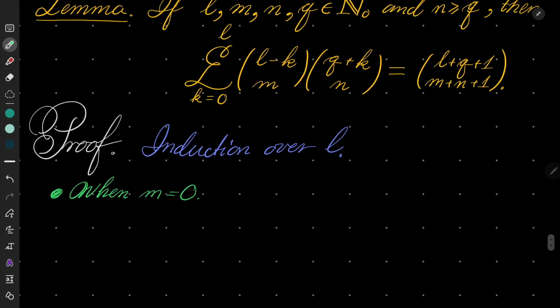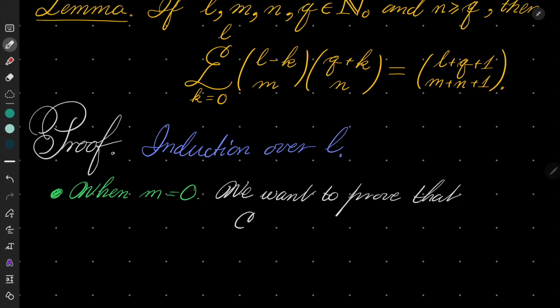In that case, we want to prove that the sum from k equals 0 to L, when m equals 0, the first symbol vanishes.